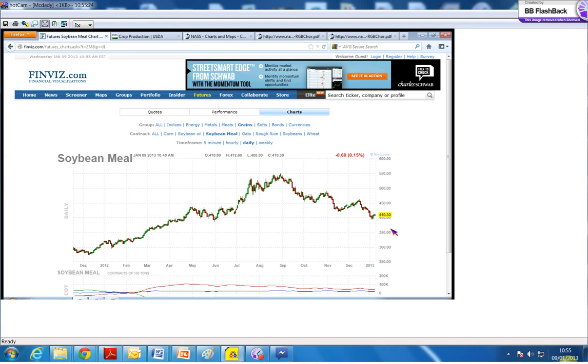Okay, so we're looking at the soybean meal as a short, and depending on how big the number in the corn, the soybean meal will follow.